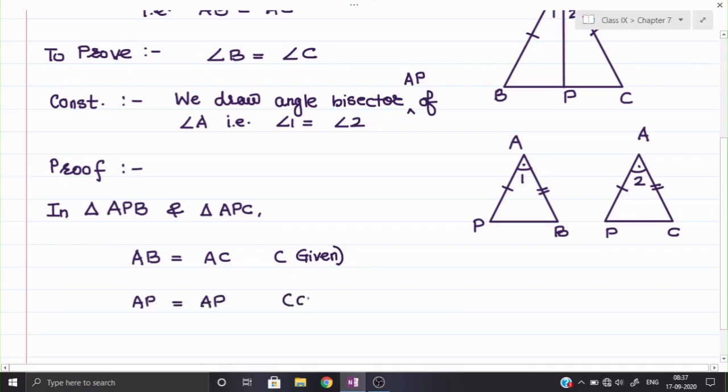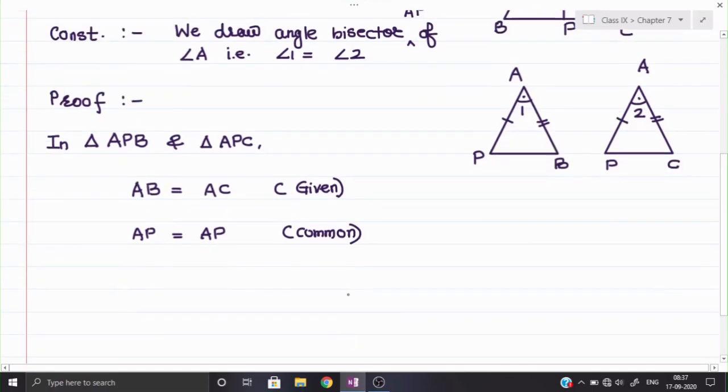This is common. And the third thing, angle 1 is equal to angle 2. Angle 1 is equal to angle 2, that is with the help of construction. Here is the new thing we are going to learn. This is with the help of construction.